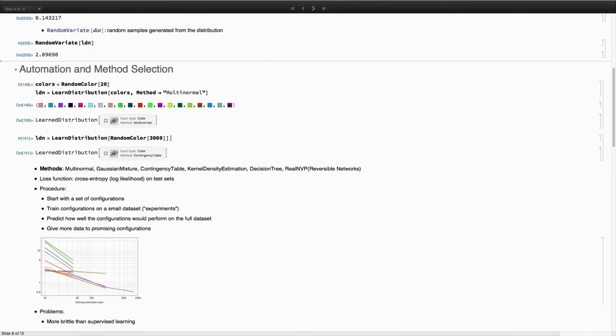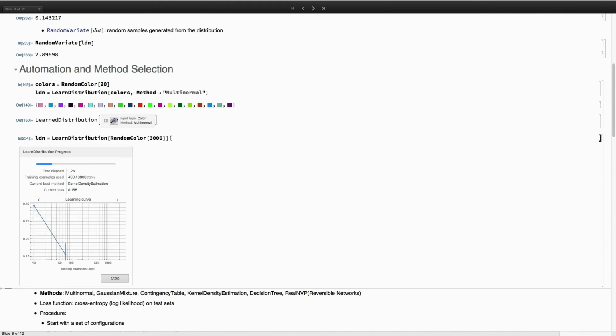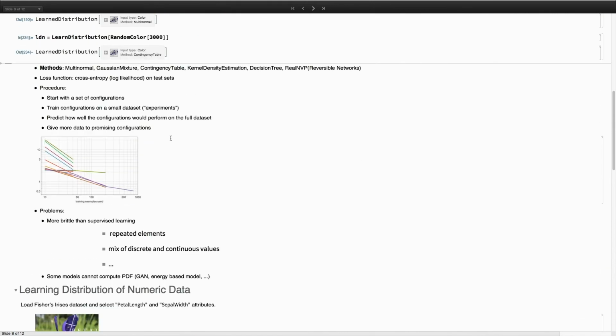And what LearnDistribution does under the hood is it tries different methods and subsets of data, and it picks the one with the smallest loss.